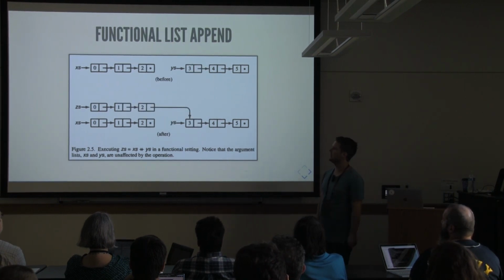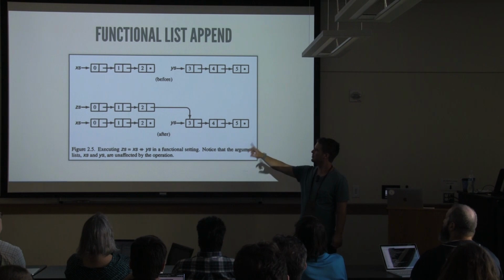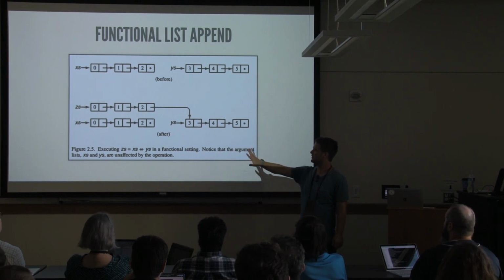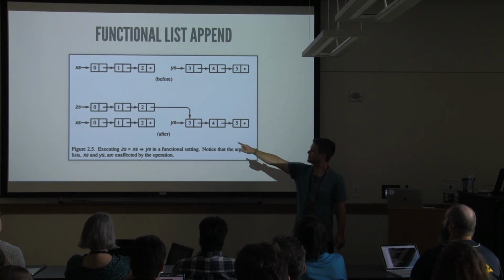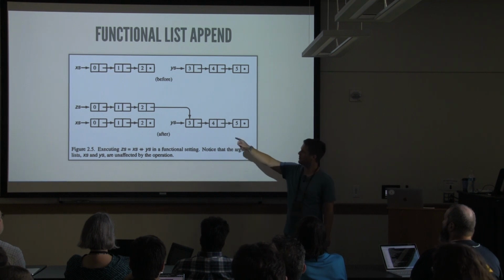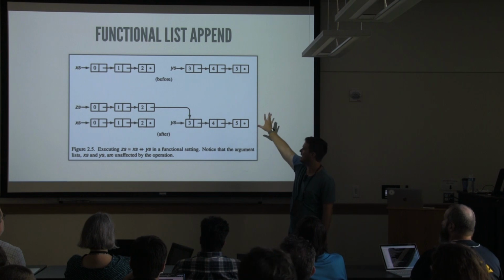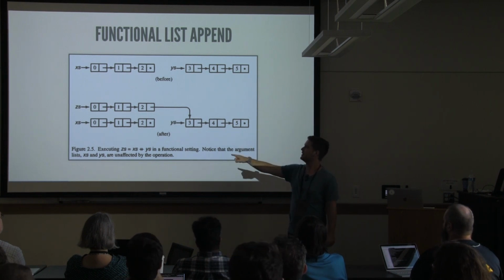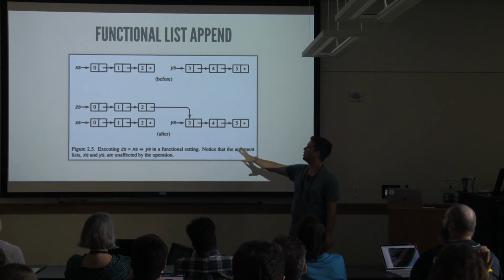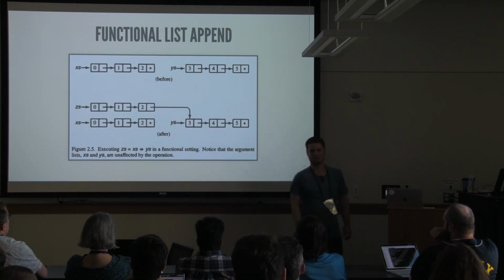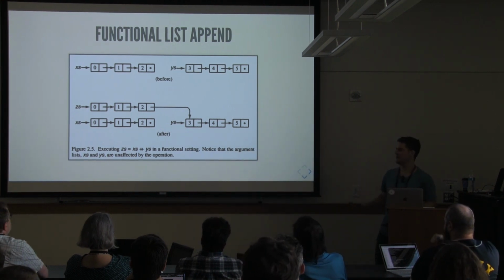In a functional language, we make this new list ZS, we leave XS alone, and we copy all the elements of XS, but have the last one point to YS. So in this case, YS is reused in ZS, but is also left alone, and XS still exists. This pattern you'll see everywhere.